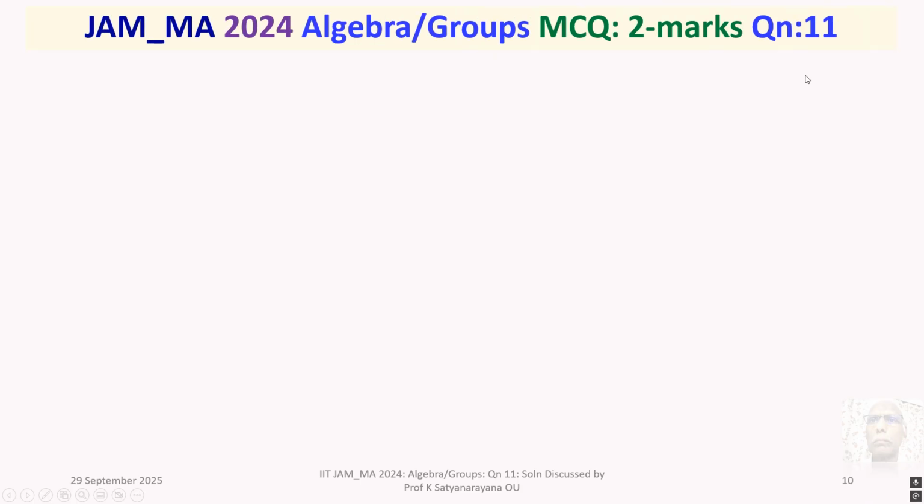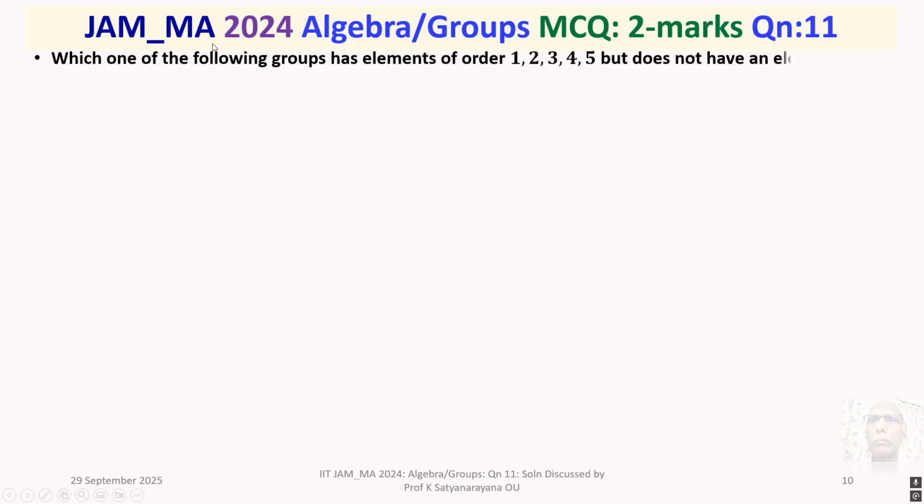This is our question 11 that came in the IIT JAM Mathematics Exam 2024. The question is: which one of the following groups has elements of order 1, 2, 3, 4, 5, but does not have an element of order greater than or equal to 6?